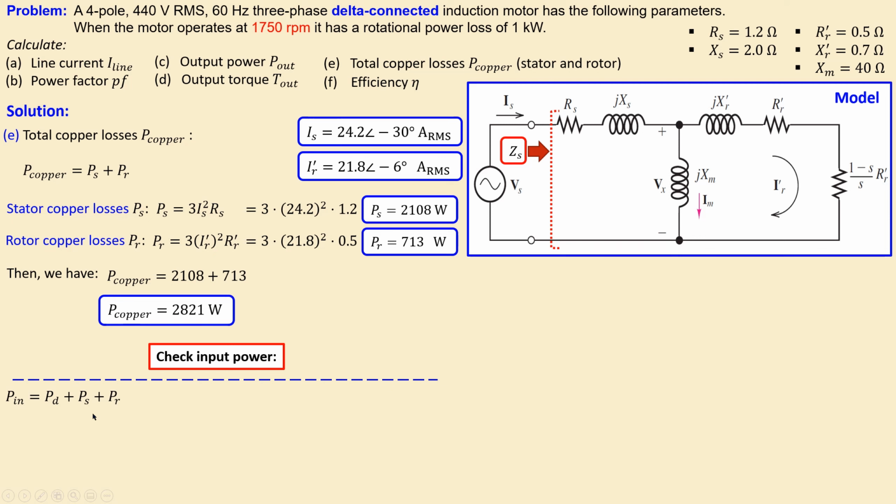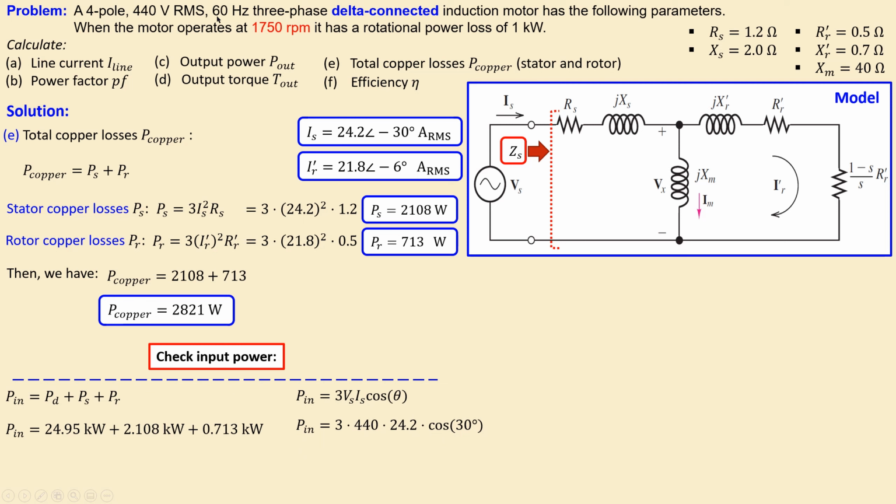So we just add them up and check also the result using this formula, which is also valid for a 3-phase system. Here Vs is the phase voltage and Is is the phase current, both in RMS. Now we know these 3 values just calculated here, so just substitute what you have, and also what we have from the information of the problem, 440 volts.